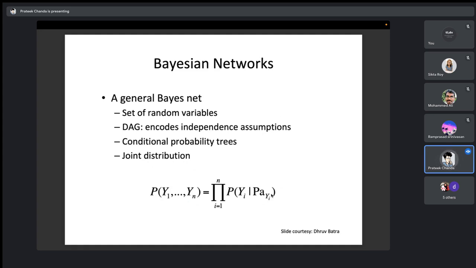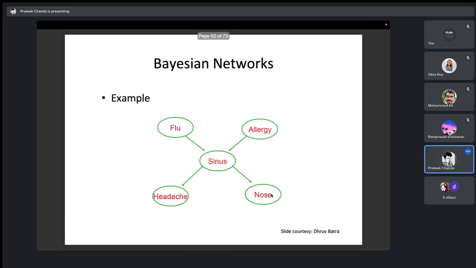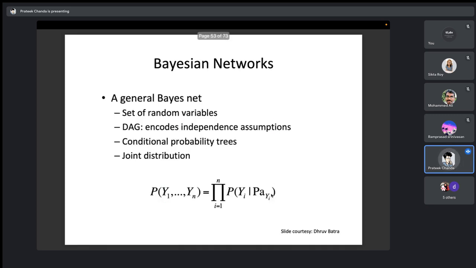Since it doesn't have any cycles, it's a sort of tree, a conditional probability tree. And you also get the joint distribution as follows: the probability of y1 to yn is a product of probability of yi given Pa of yi.